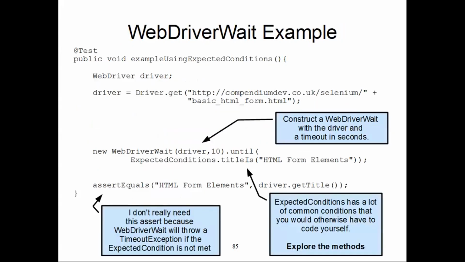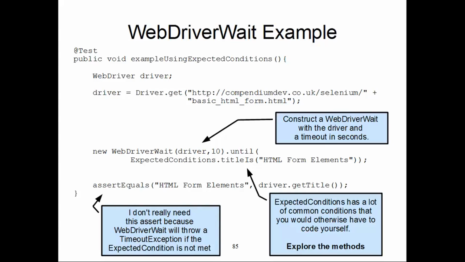So here is a bigger example of the WebDriver wait, and I'm going to show you the code in just a second. So here in the context of a test, I'm getting a driver. I'm constructing a WebDriver wait with a driver and a timeout. I don't really need to do that final assert.